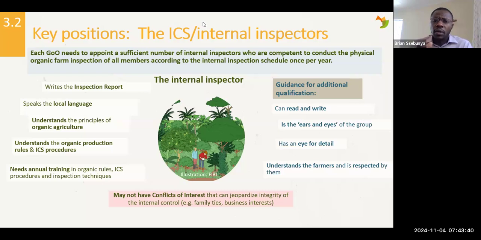You can't go from one production system and then go to another, which you don't even know how it's done. For example, I know in Uganda there's not a lot of coconut. So if you don't even know how coconut is grown, what is harvested of the coconut, you can't be the internal inspector of that crop because you don't understand.